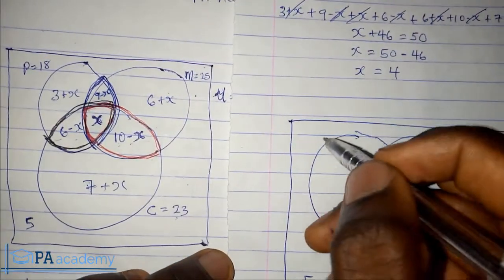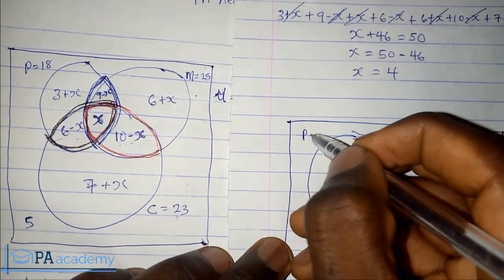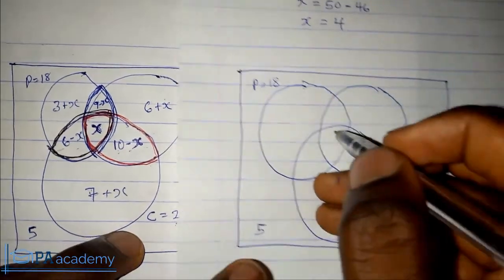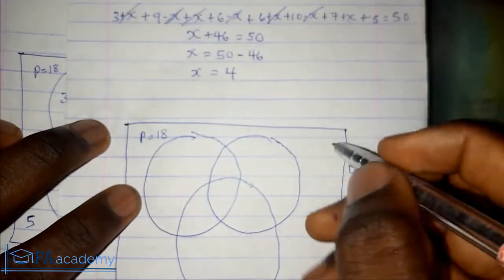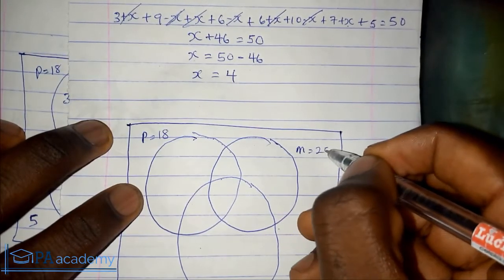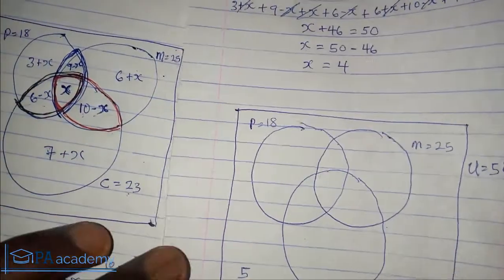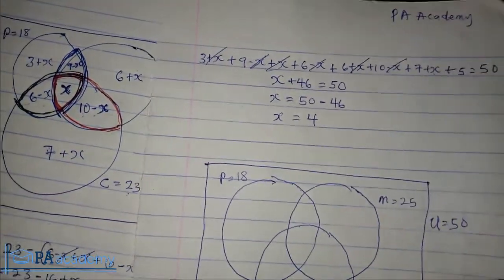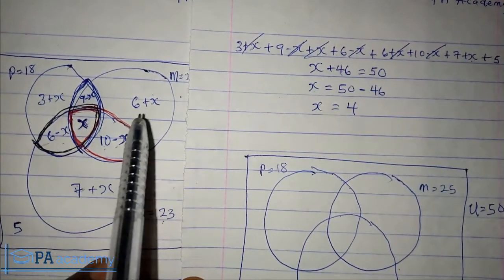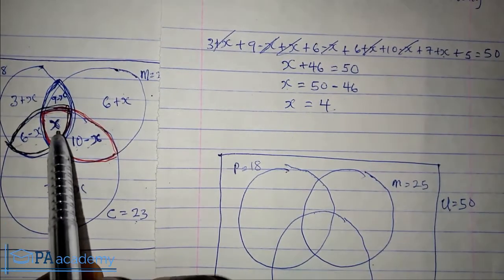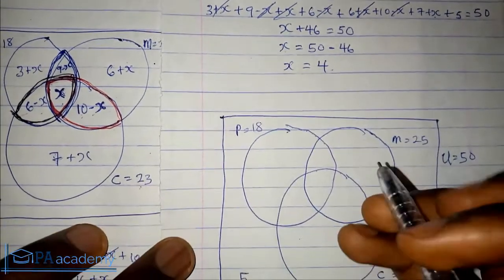This is for physics, which is 18. This is for chemistry, which is 23. And this is for maths, which is 25. So now let's start inserting the values. Right here, the x, we've already known that the value of our x is 4. So here the x, we're going to put it as 4.